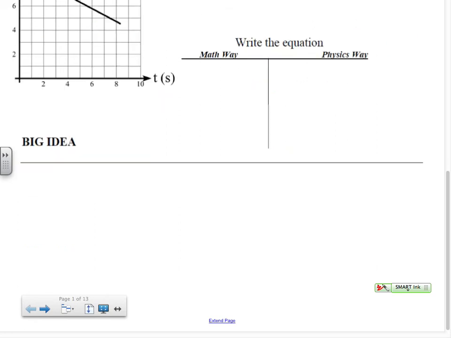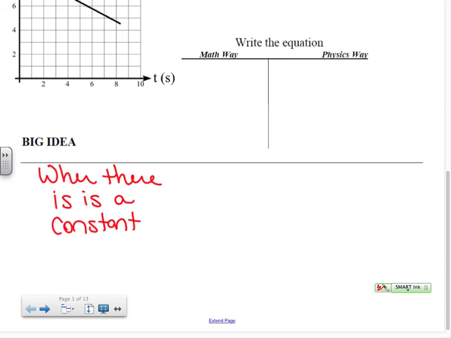The big idea is that if I have a linear relationship on a position versus time graph, that only applies when there's constant velocity. When there's a constant velocity, we will have a linear position-time graph, and it will follow a mathematical pattern of y equals mx plus b.